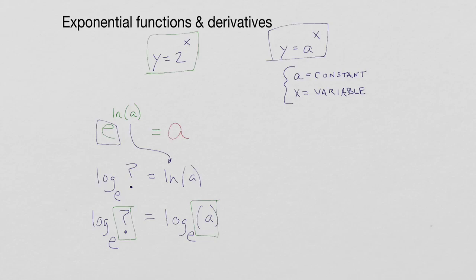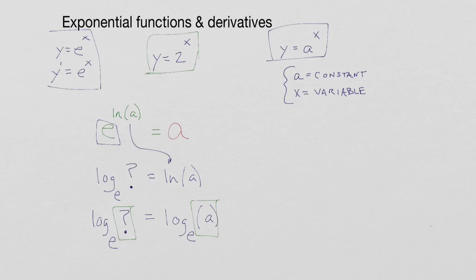So the reason that I'm doing this is because what I'm interested in doing is taking the derivative of a to the power of x, which even though I don't know how to do that, if I can express a as e to some power, that's good news because we've spent all week so far looking at the fact that if my function is e to the power of x, the derivative is itself. So if we can capitalize on that bit of information, that sure would be handy.